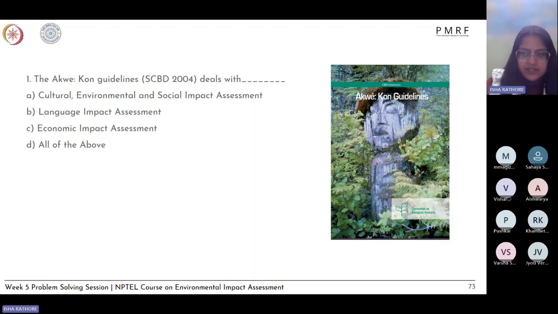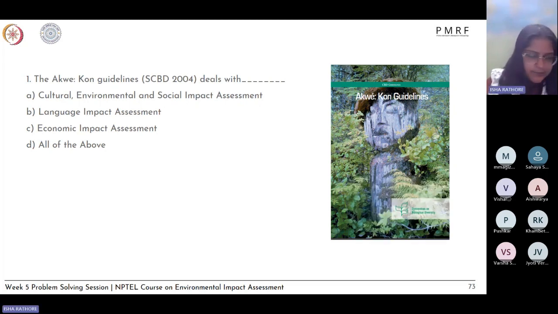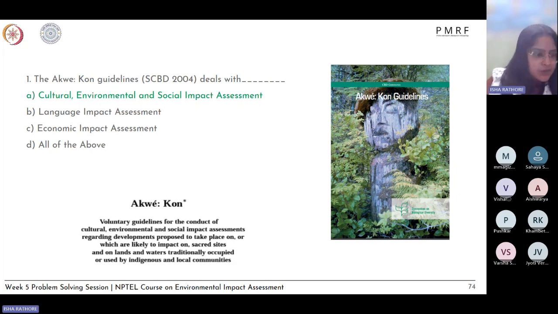We have an answer D, and we have another answer. So the Akwé: Kon guidelines are voluntary guidelines.